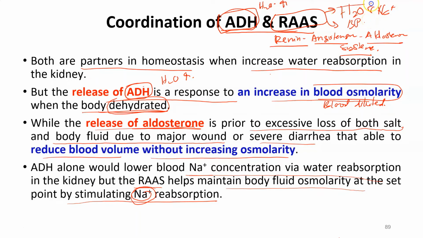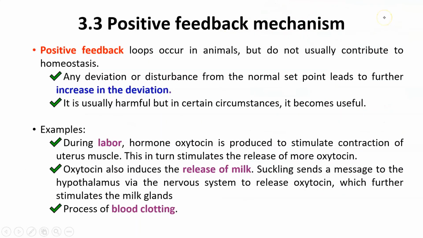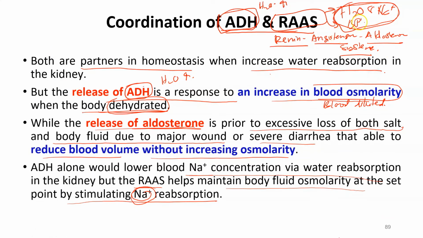So dia rasa menyeluruh lagi. Blood volume, blood concentration and also blood pressure. Contoh dalam keadaan you are losing so much blood, you are experiencing diarrhea, kena kembalikan semula the normal blood osmolarity tu.